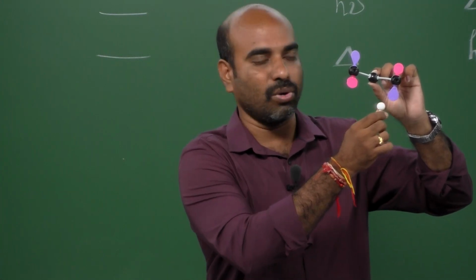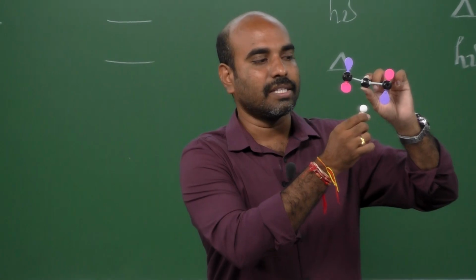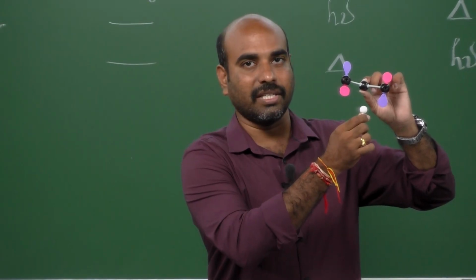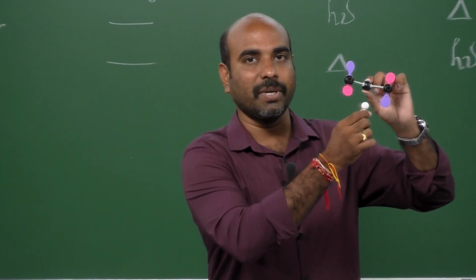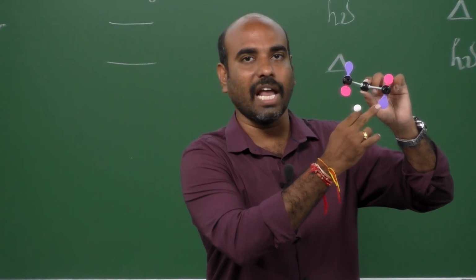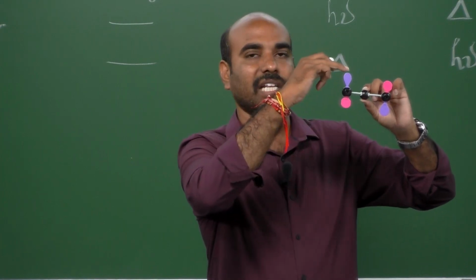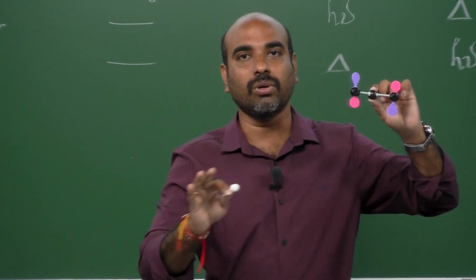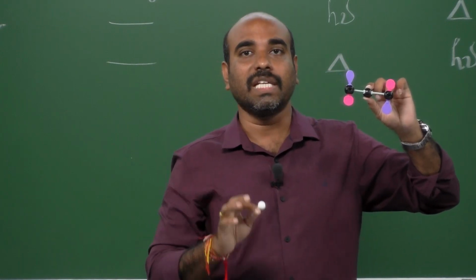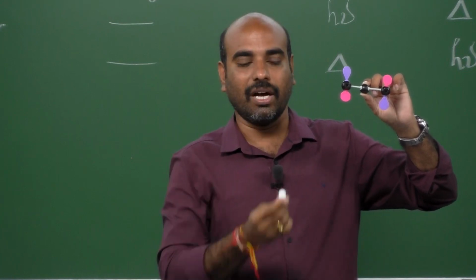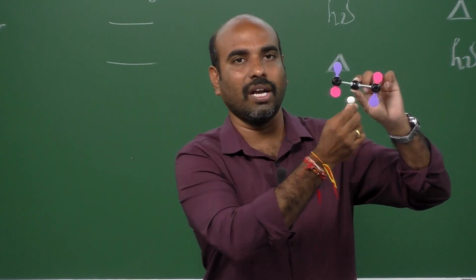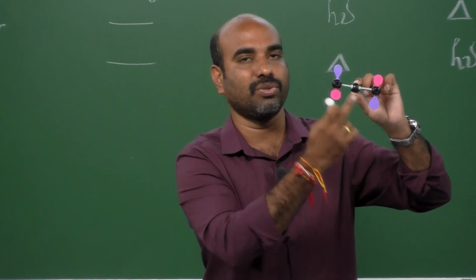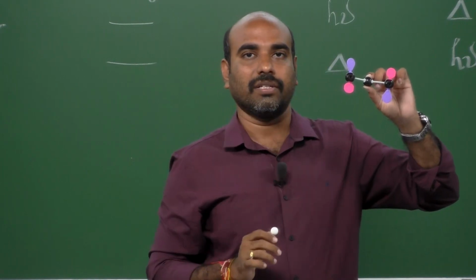It has to undergo homolysis, and then simultaneously, in a transition state mode, this 1s orbital has to overlap with this one on the opposite face. This is also quite impossible with respect to geometrical aspects, because the 1s orbital is very small and cannot at a time overlap with these two orbitals.